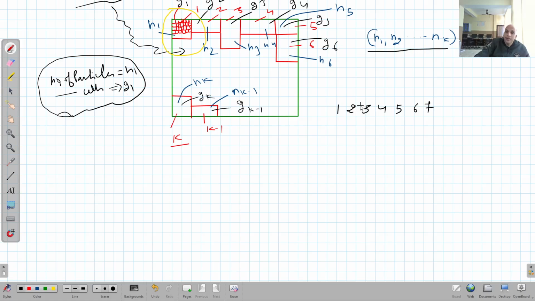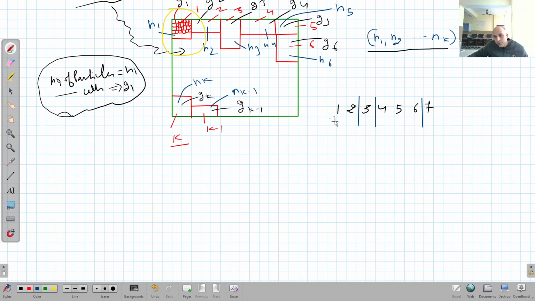Now let me make 4 partitions. Okay. So 4 partitions means 1, 2, 3 and 4. Clear? So what I did, I took 7 particles.